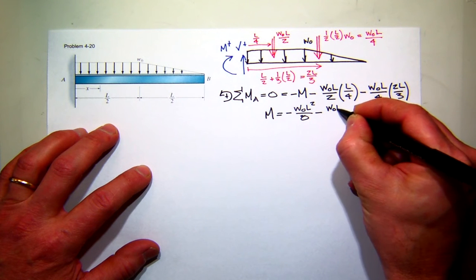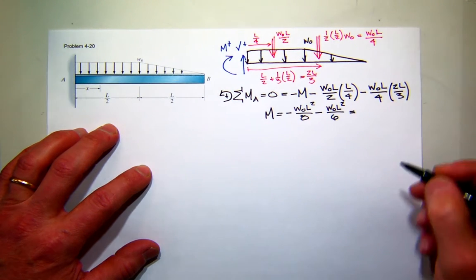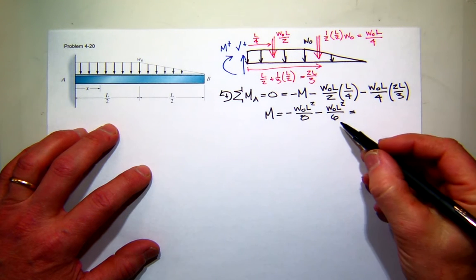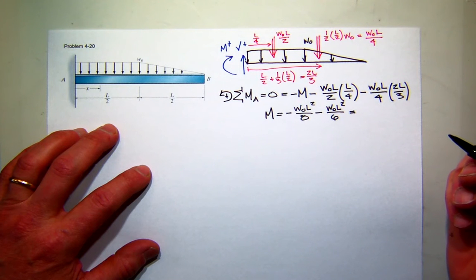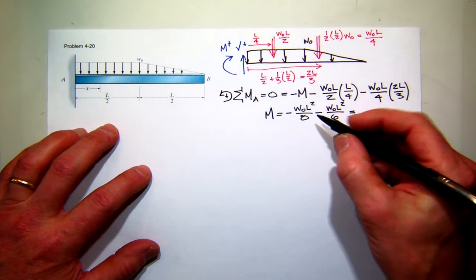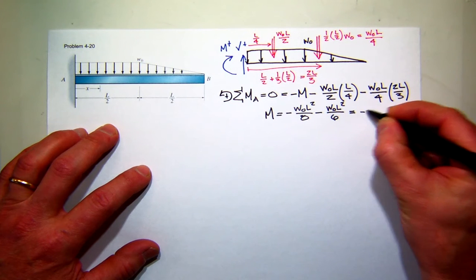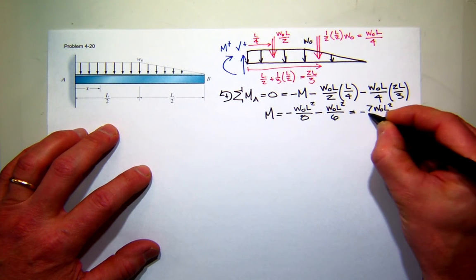You guys buying that so far? So common denominator for this would be what? 24? So this would be 3 24ths plus 4 24ths, so I get negative 7 W naught L squared over 24.